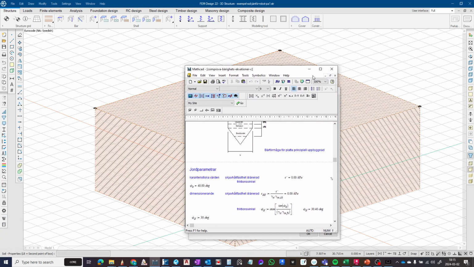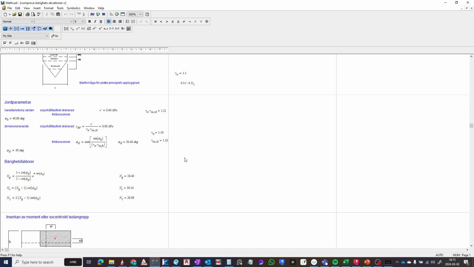So if we look at this way to calculate in FEM design, they're using a safety factor here. So when you are given, for example, 40 degrees of friction angle, you put safety factors and you get a friction angle of 30.40.